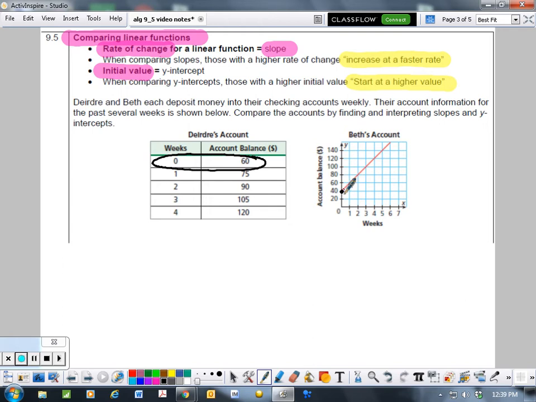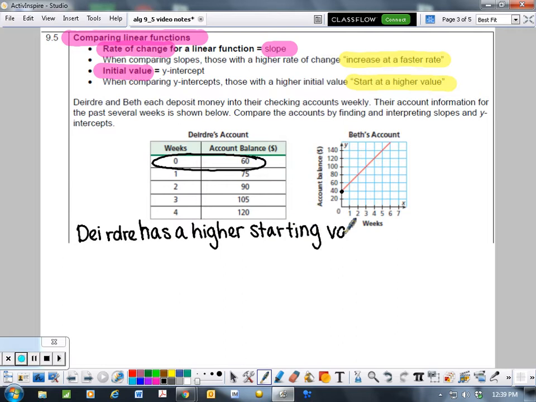So when I compare that, which one starts off with the higher value? Well, Deidre has a higher starting value. Okay, so that's our beginning values, our y-intercepts.